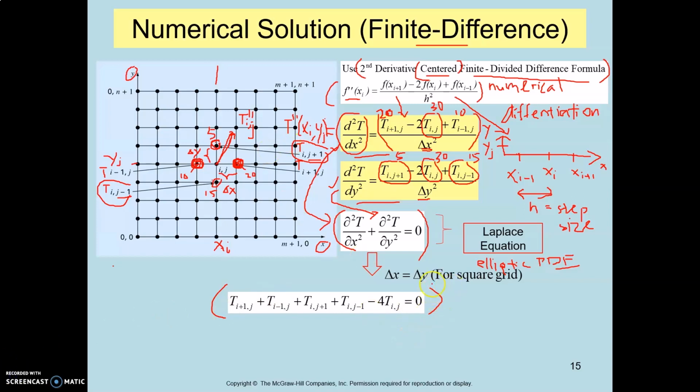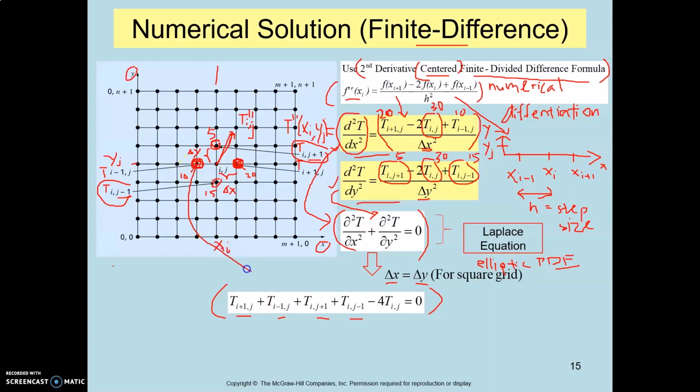So we assume that delta x, the step size, is equal to delta y when we use the square grid. And we found that if you refer to these 4 terms, they represent i plus 1, i minus 1, which are these 2 points.